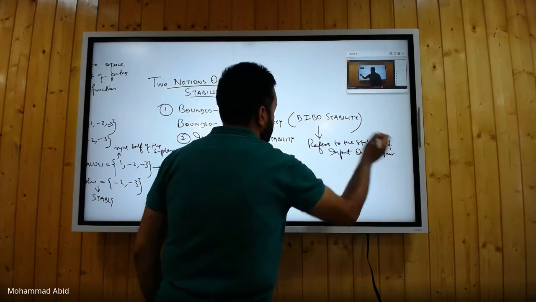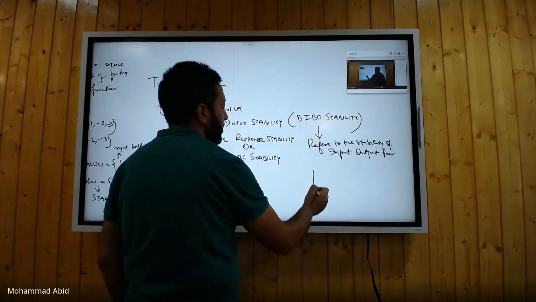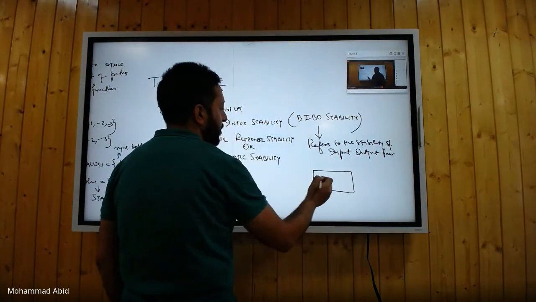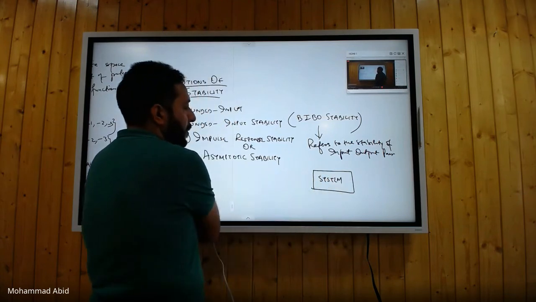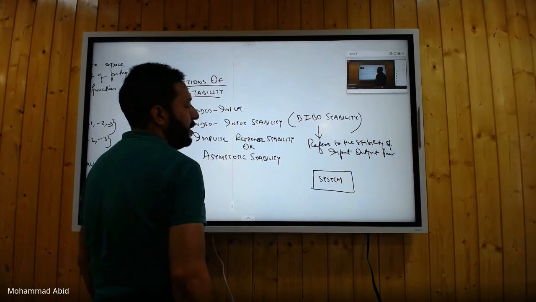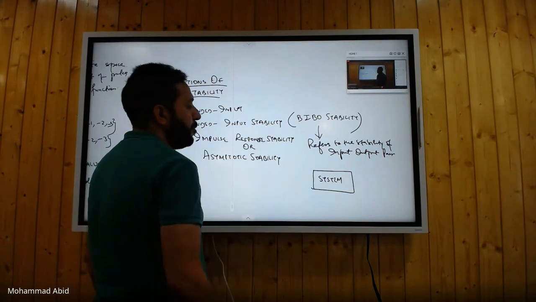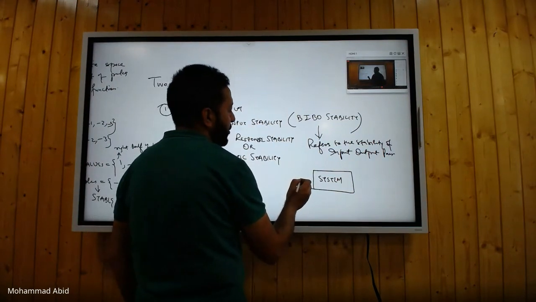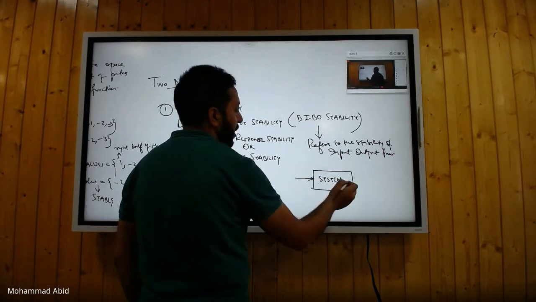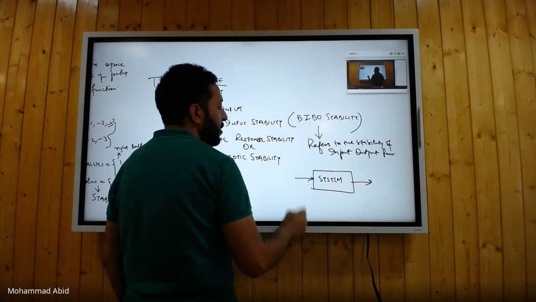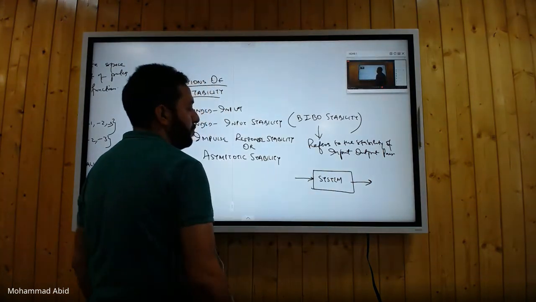Which you must have already studied in transfer function modeling. That means you have a system, you want to check its stability. So as per this bounded input, bounded output stability criterion, you define the stability like this. For a system to be stable, for any bounded input, the output should also be bounded.